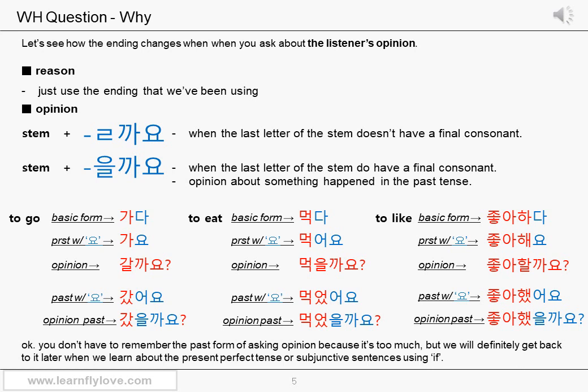When it combines with the suffix 요, 하 sound turns into 해 sound. So it becomes 좋아해요. The actual stem 좋아하 doesn't have a final consonant. So we should add a final l sound first and then 까요.